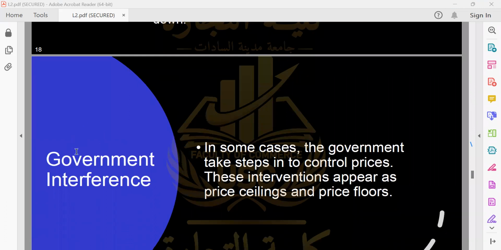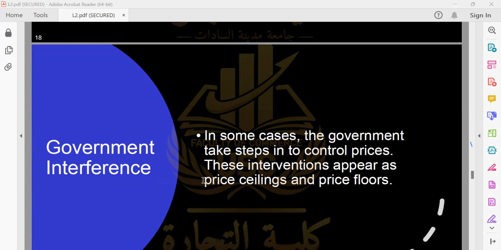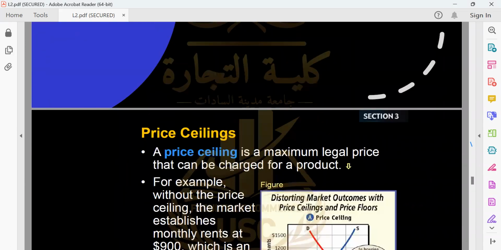Government interference or government intervention. We have in some cases a government that should take steps to control prices. These interventions appear as price ceiling and price floor.